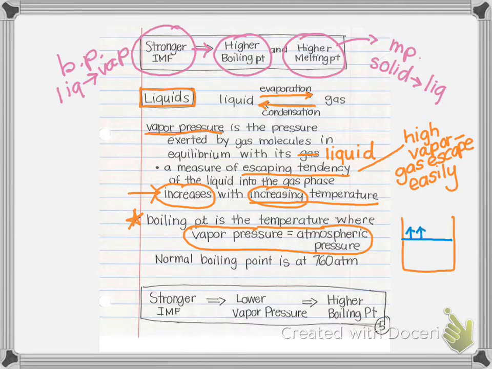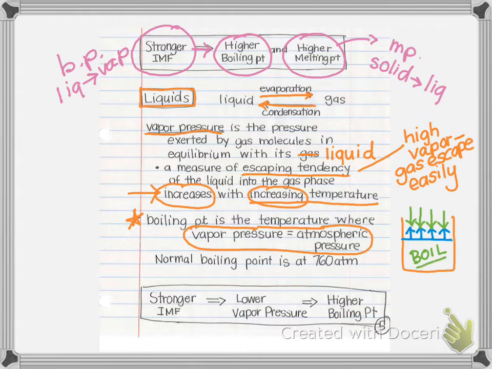Even if you just set water outside, eventually all the gas molecules escape and it evaporates completely. That's the vapor pressure, the gas molecules escaping. When the atmosphere is pushing down with the same pressure as the gas pressure that is pushing up, then the liquid will boil.